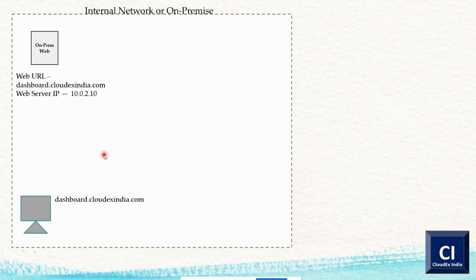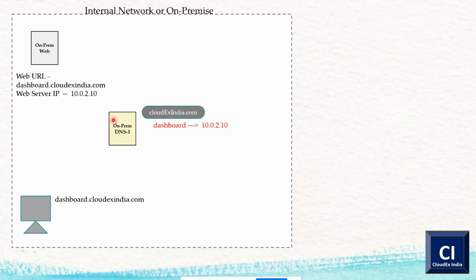So you can keep a record in your local host file, and whenever your client tries to query dashboard.cloudxindia.com, it gets the response from its local host file and connects to the web server. But that's not the ideal scenario in the real world. So what we generally do is deploy a DNS server.